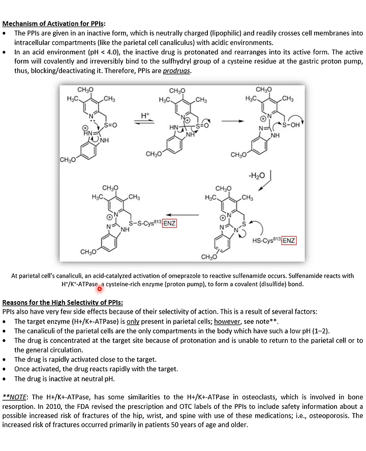They travel in the body peacefully, neutrally, and they are inactive until they reach the place where they are supposed to be working, and then they turn into active molecules. That's why they are highly selective and have very few side effects.